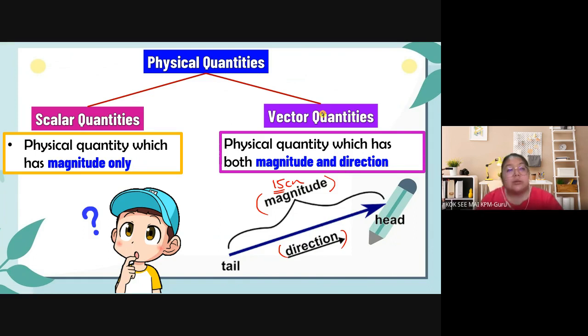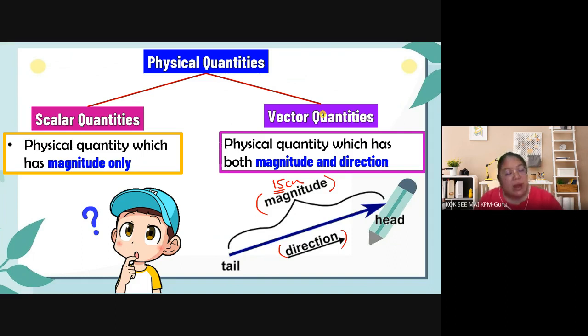For example, you run 60 meters. To the right or to the left? To the tree, the classroom or the canteen? If they never mention, I don't understand your meaning. Run 50 meters, run where? So you need to add both magnitude and direction. From your house, walk to the right, then I understand. Walk to the right how far? 50 meters, then we understand. Turn to the right and move 50 meters. When somebody asks you how to go to Aeon, the nearest shopping center, you must say, when starting you walk 20 meters straight, after that you turn to the left, after that you see the junction, you turn to the right.